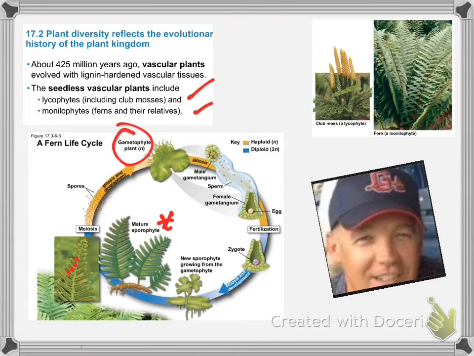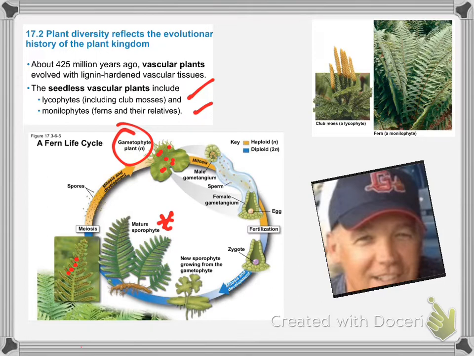And the gametophyte form is very reduced in size, usually about the size of maybe an eraser on a pencil. And those cells are made of haploid cells, so 1 copy of each chromosome. And on them, they have both male and female parts that are sort of dotted here. The male parts are right in that area, and the female parts are right in that area. And so the females are going to produce egg cells by mitosis, and the males are going to produce sperm cells by mitosis.